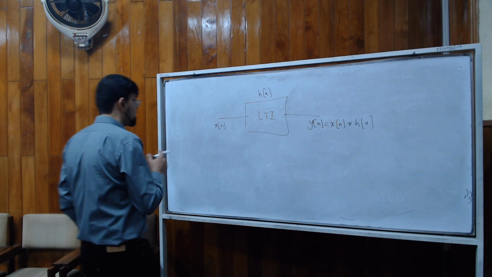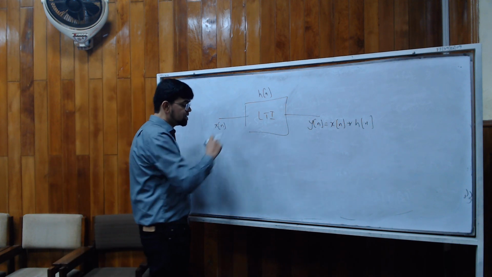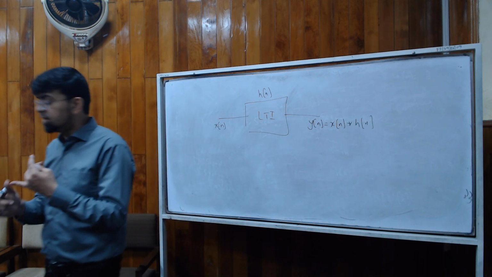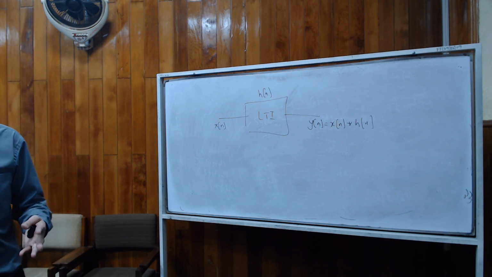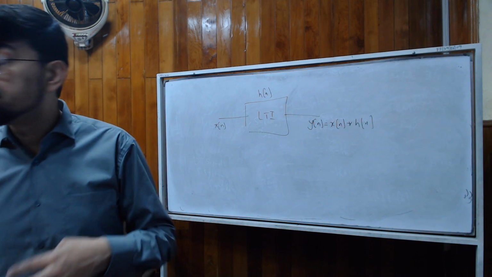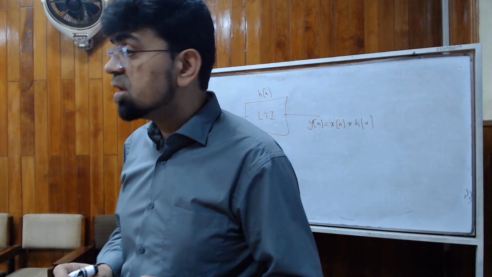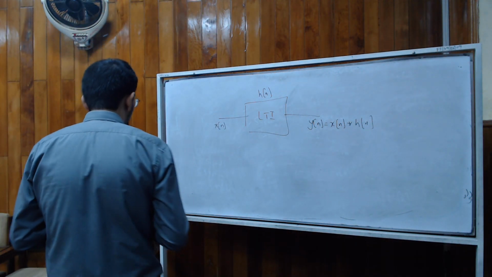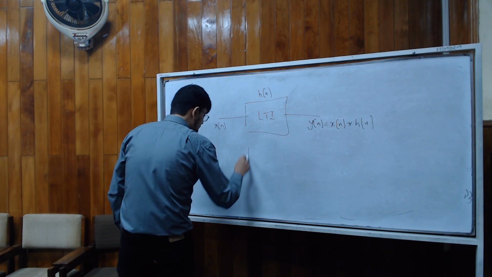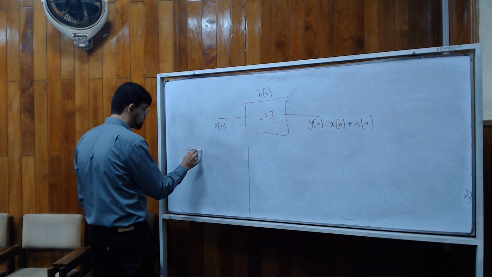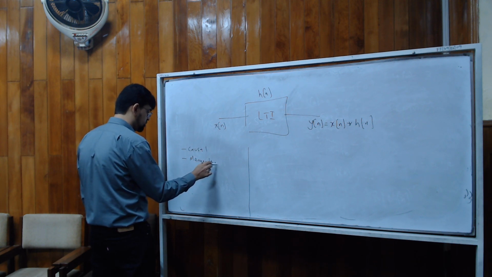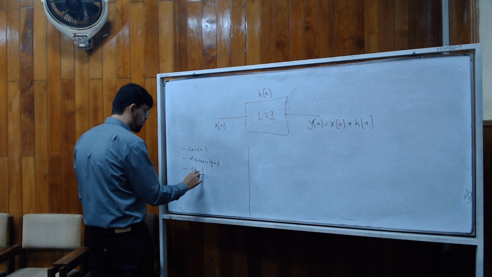If you remember, in the second module we characterized the systems, we tried to classify them: is it linear or not, is it time invariant or not. What else did we do? We talked about whether it is stable or not, causal, memoryless.